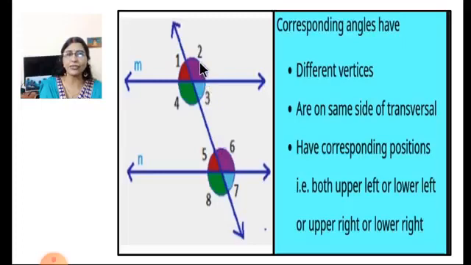Same way angle 3, which is on the lower right side, will be corresponding to angle 7. This is also on the lower right side. By different color you can see these two have the same color, so they are corresponding to each other. So this way we will find out the corresponding angles.